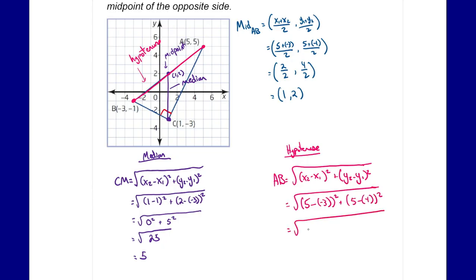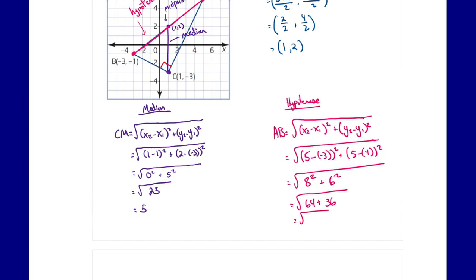The square root of 8 squared plus 6 squared, or the square root of 64 plus 36, the square root of 100, which is 10. So therefore, comparing the two, the median is half the length of the hypotenuse.